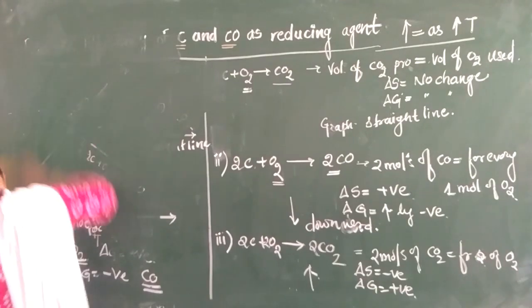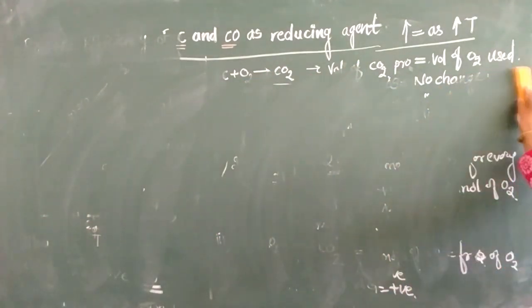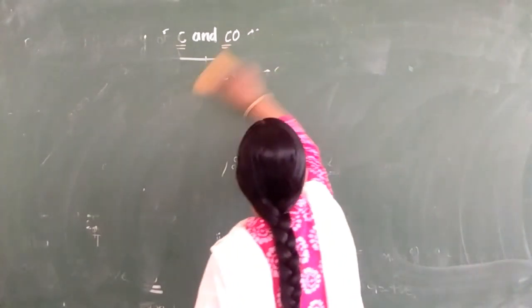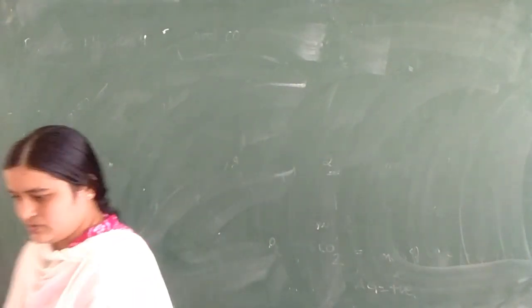Okay. Now let's study the next part of our topic. We will discuss again the Ellingham diagram. Reducing agent for chromic oxide and zinc oxide.